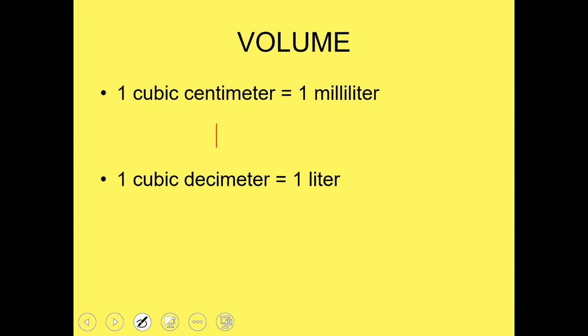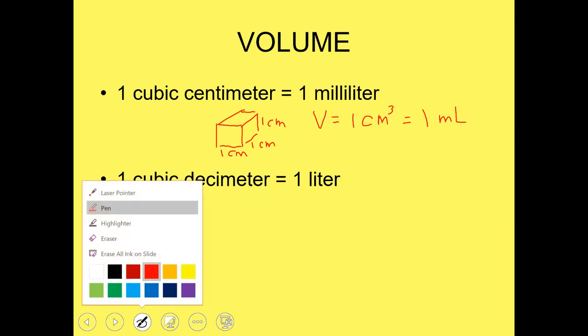If you have a cube, and I'll try to draw a cube, I'm not the best artist, and each side is 1 centimeter, you know that you find the volume of a cube by length times width times height. So this is 1 centimeter cubed, 1 centimeter times 1 centimeter times 1 centimeter. This is defined as the volume equal to a milliliter.